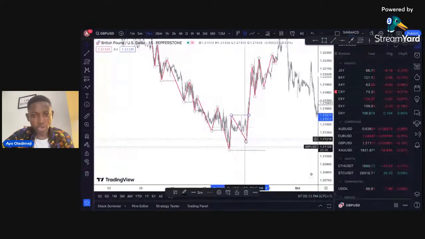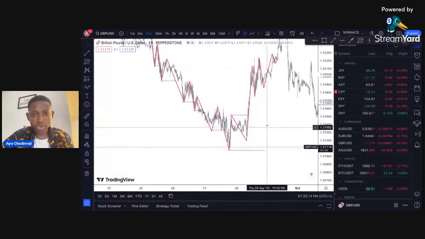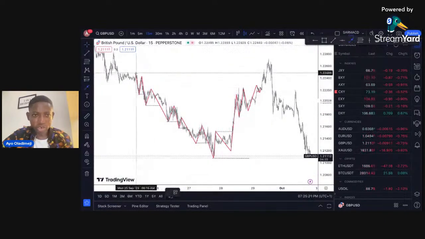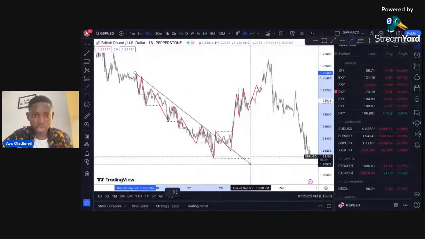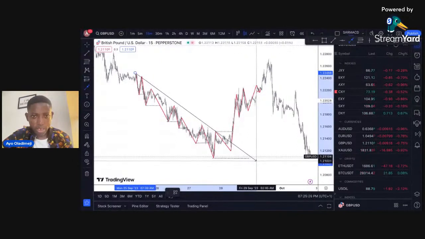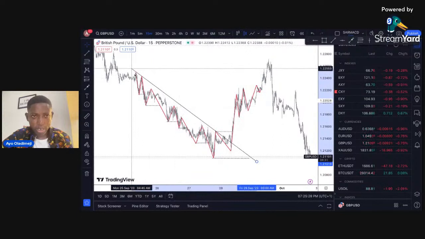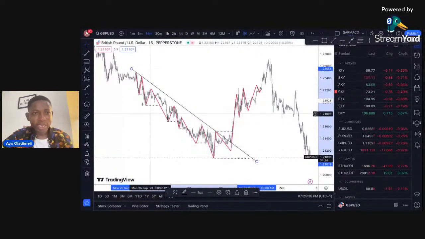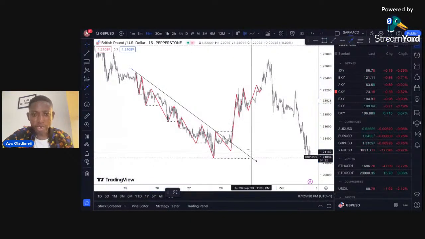The moment it was broken, you see how price broke it, and the trend changed from downtrend. Look at the downtrend, right? That's the downtrend there. So the moment this high was broken, it signaled a change in the direction of the trend.